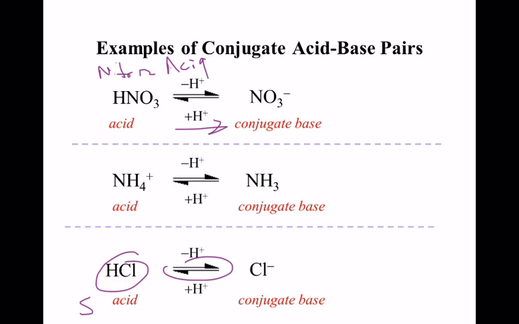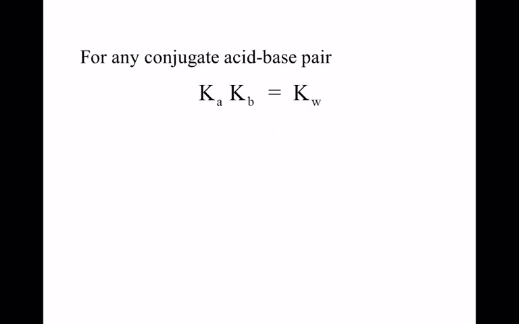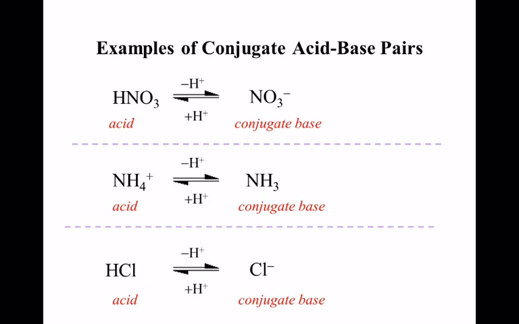I guess because all of the other examples that were not strong all had another hydrogen. So like the hydroxide and the water and the HSO4 and the NH3, they all have another hydrogen to go back the other way. But the HNO3 and the HCl don't have a hydrogen to go back.